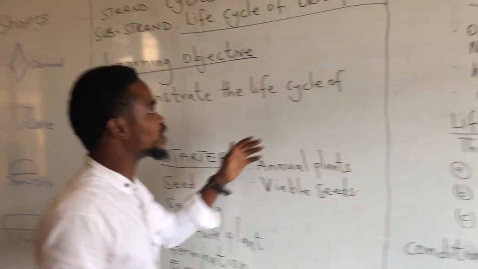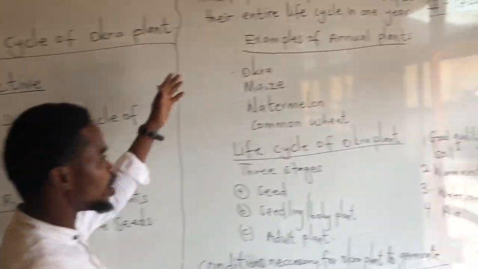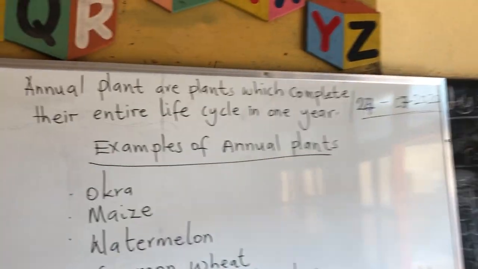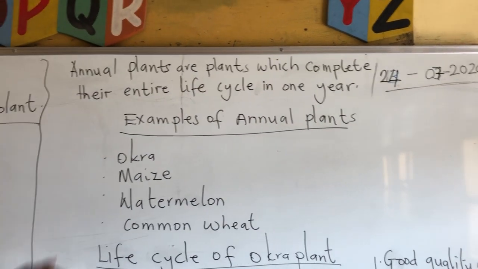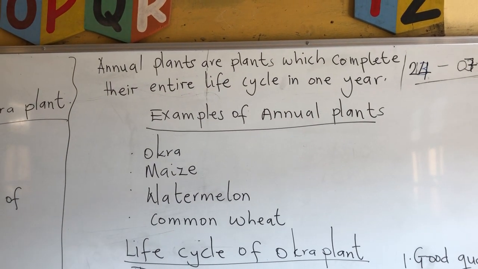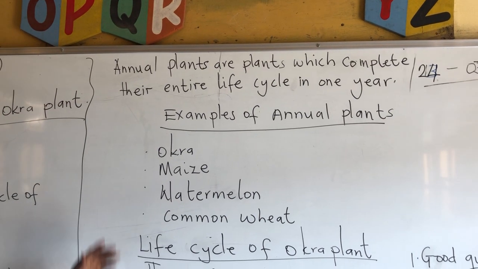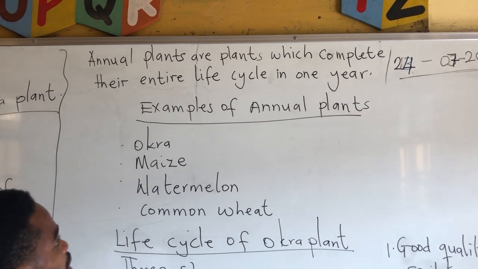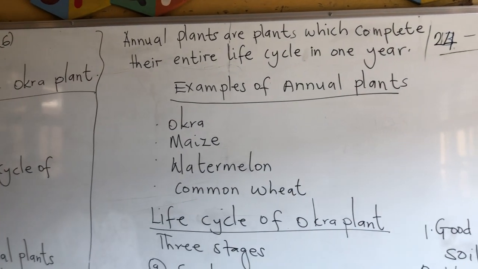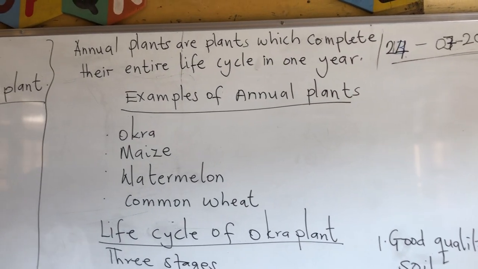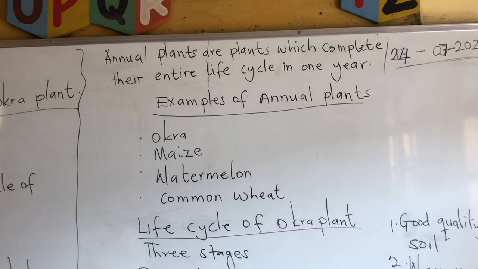First of all, we consider some annual plants here. Now, when we say annual plants, what are annual plants? Annual plants are plants which complete their entire life cycle in 1 year.